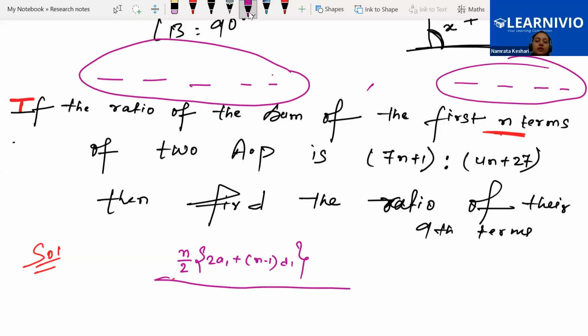So here we'll take the same formula, n by 2 into 2 A2 plus n minus 1 into D2, where D2 is the common difference of the second AP. And that ratio is given as 7n plus 1 by 4n plus 27.